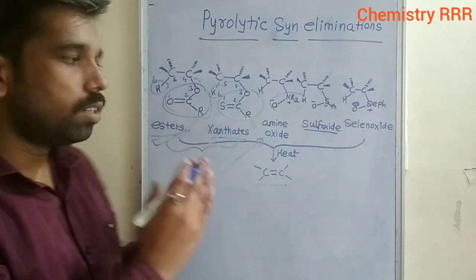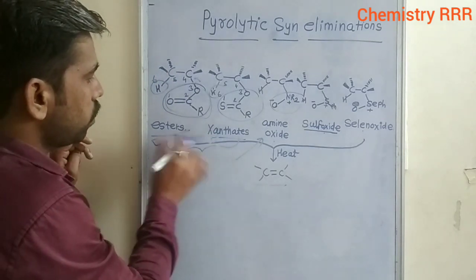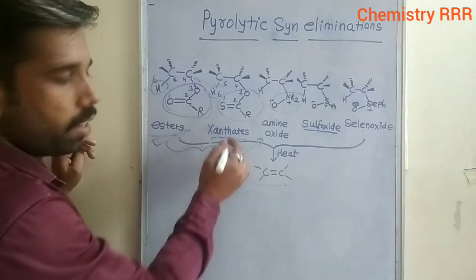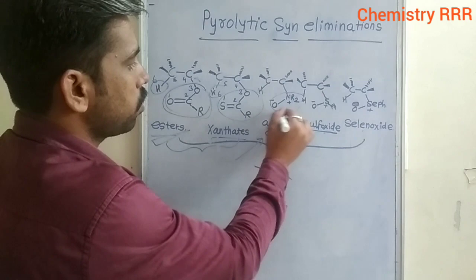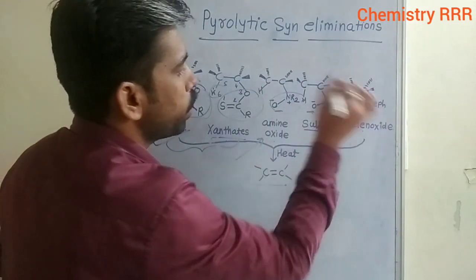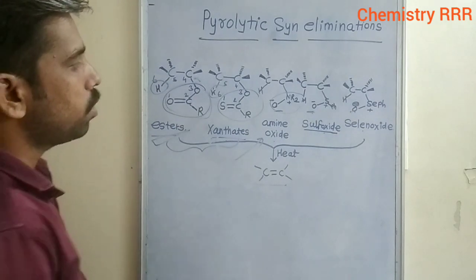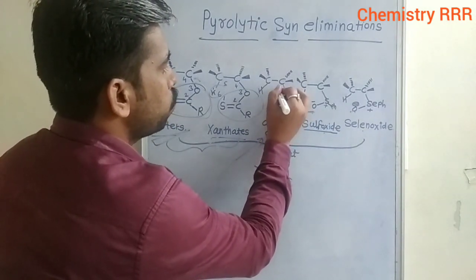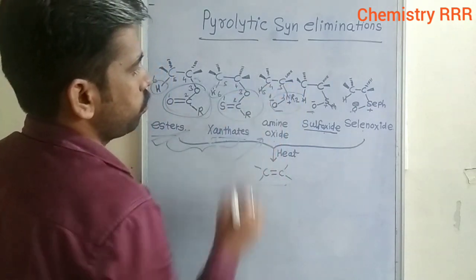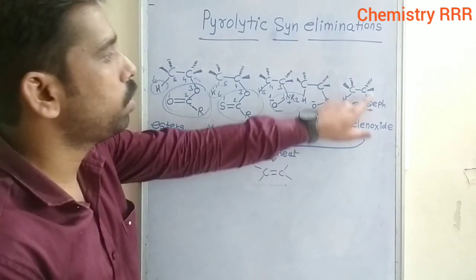This is the difference between pyrolysis of ester and xanthate and oxides, the eliminating group involving the oxides. Clear? Now in this case there is involvement of the 5-member transition state, 1, 2, 3, 4, 5.